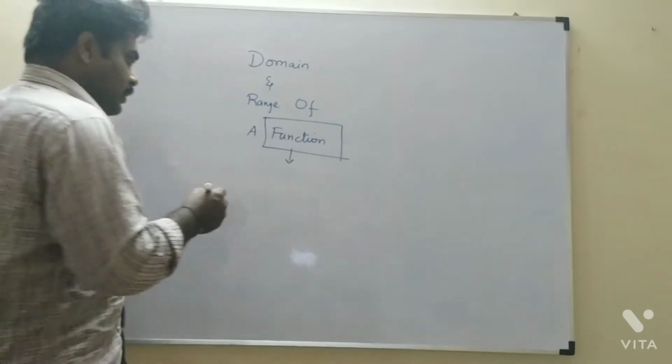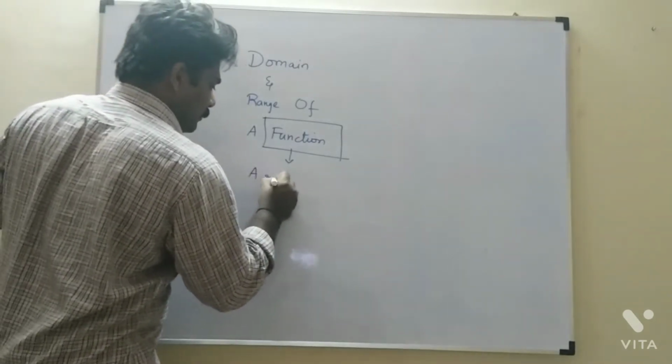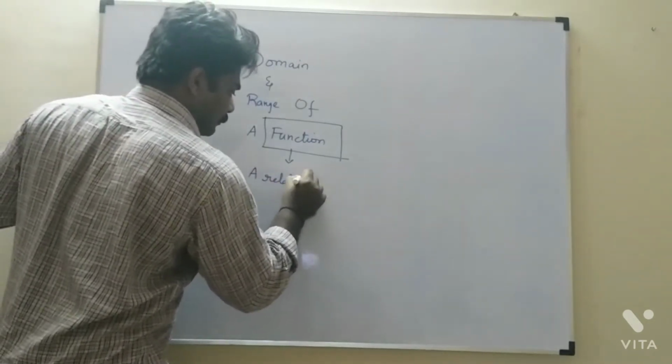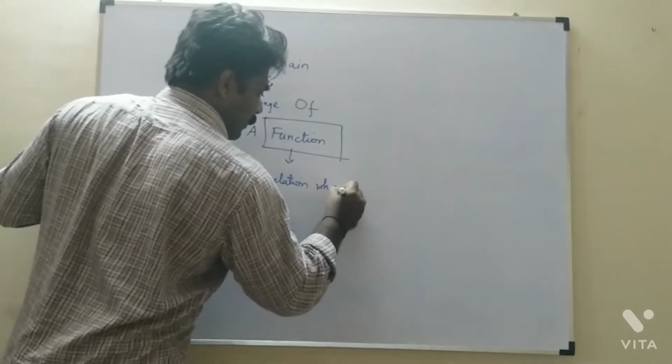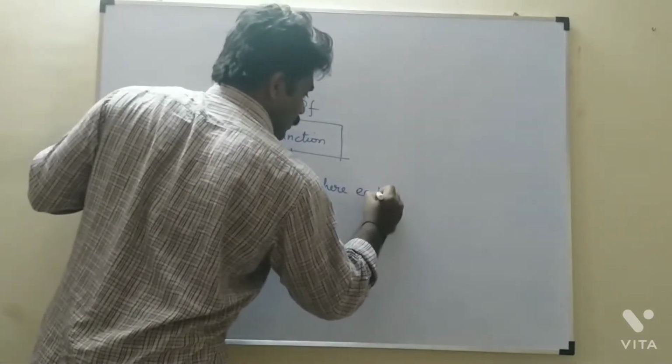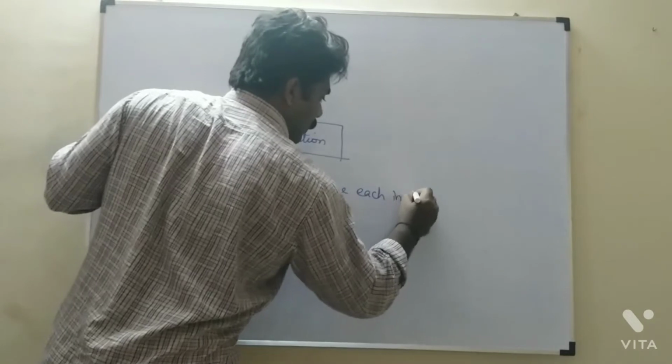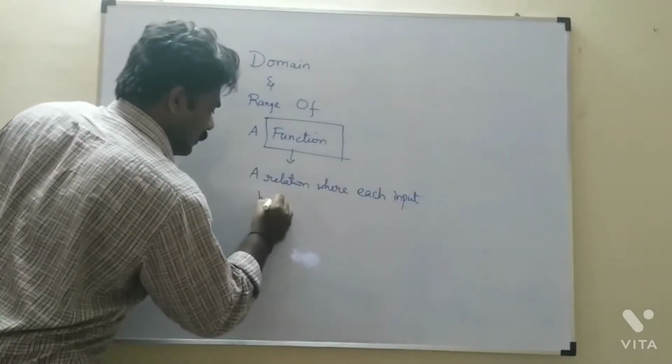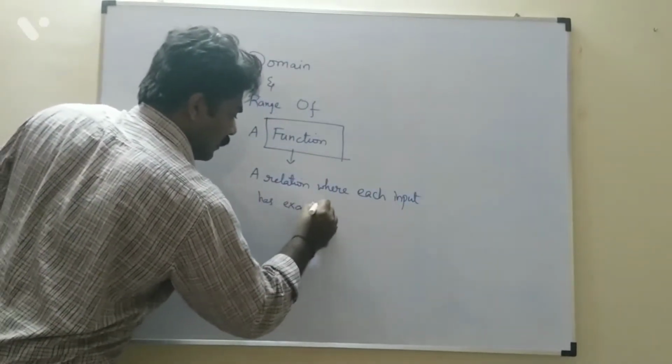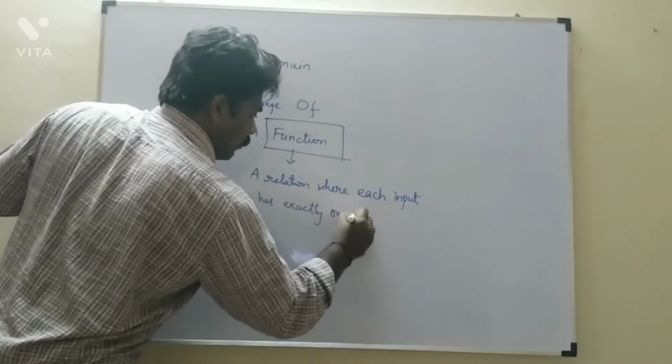So a function is nothing but a relation where each input has exactly one output.